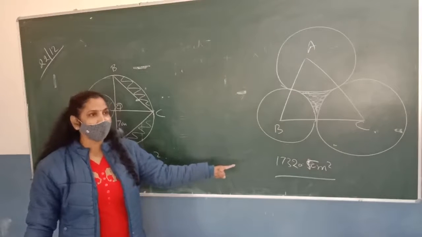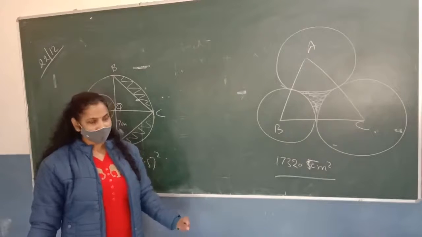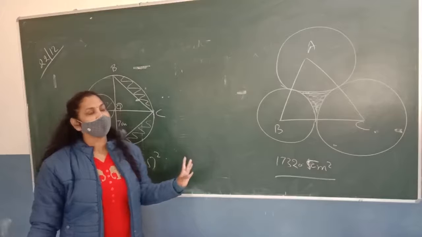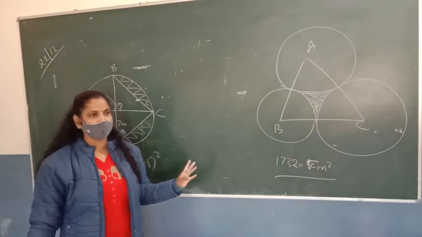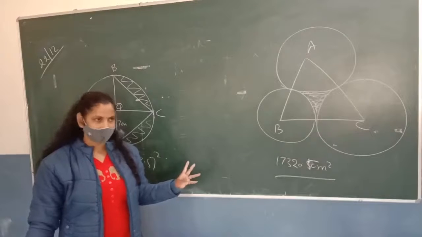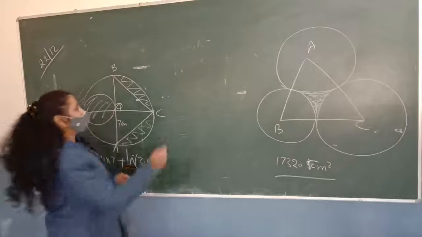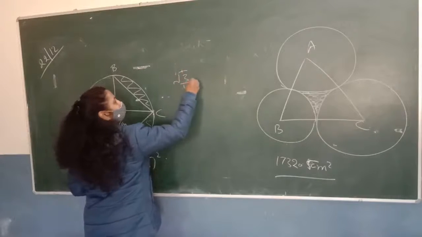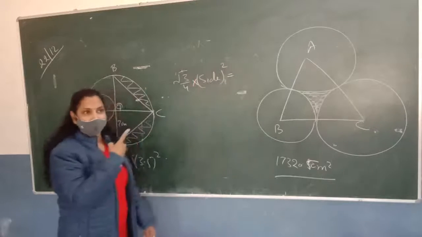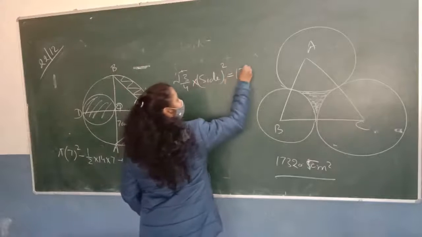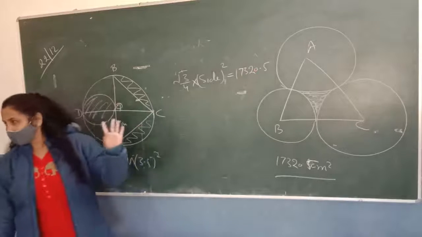How can you find the length of the side? You know the formula for the area of the equilateral triangle? What is the formula? Into side square. Yes. By using the formula of equilateral triangle, that is √3/4 into side square. This is the area for the equilateral triangle, which is given 17320.5. So by using this formula, can you find the length of the side?